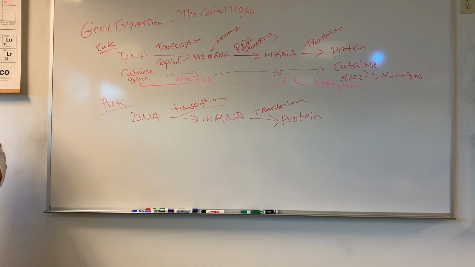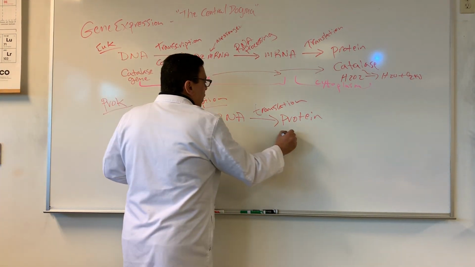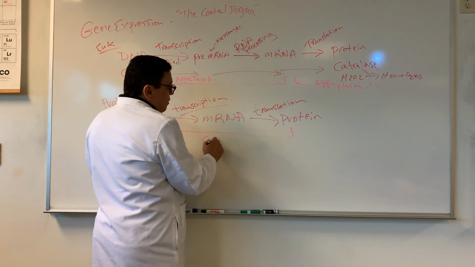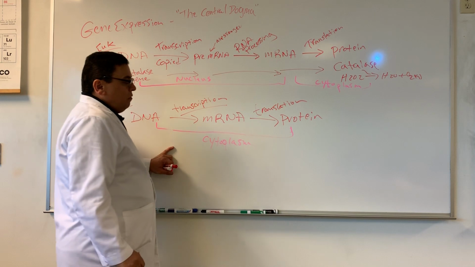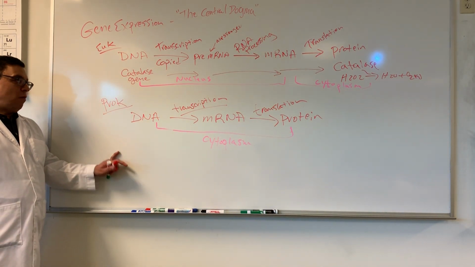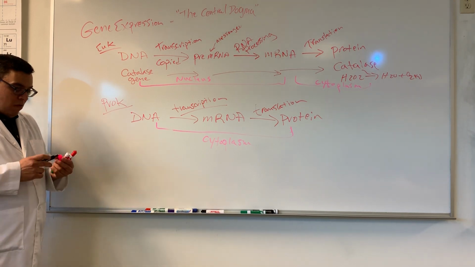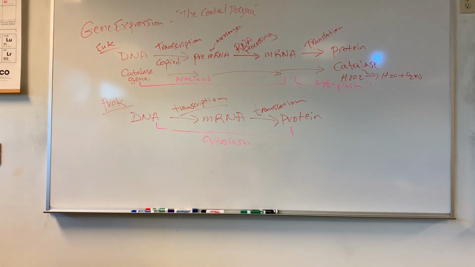Translation happens in the cytoplasm. In prokaryotes, the whole thing happens in the cytoplasm. Why not the nucleus? Because they don't have a nucleus, that's why. They're prokaryotic cells. They don't have a nucleus. So it's only in one location. Are we okay so far? Picture before I erase.